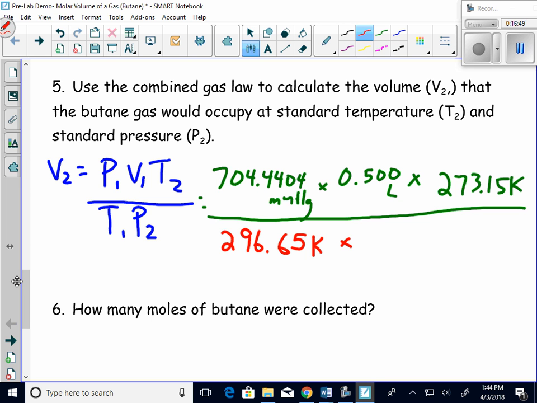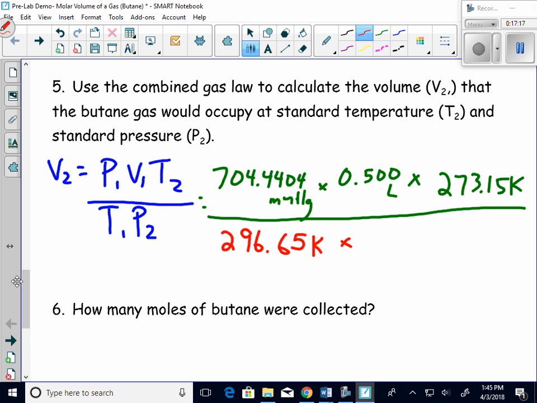Now, ladies and gentlemen, I cannot use 1 atmosphere of pressure. Why not? That's our normal STP. Anybody know why? Well, it's at STP, what we're calculating it at. But what was the pressure that we calculated for the top one, P1?